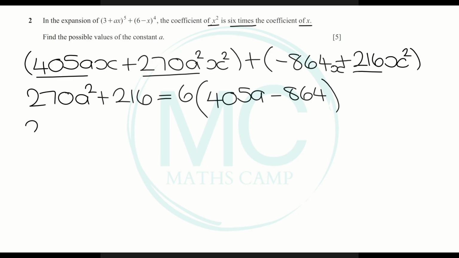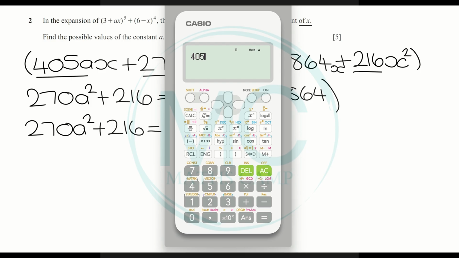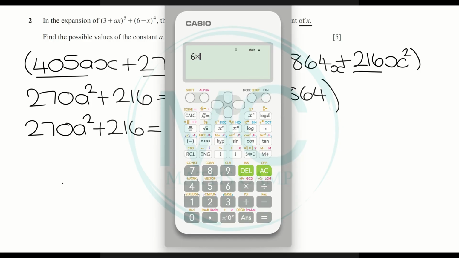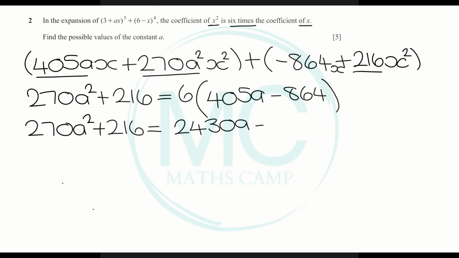On the left, I have 270a squared plus 216 is equal to, take your calculator, 405 multiplied by 6, 2,430, so this becomes 2,430a. 6 multiplied by negative 864 is equal to negative 5,184.